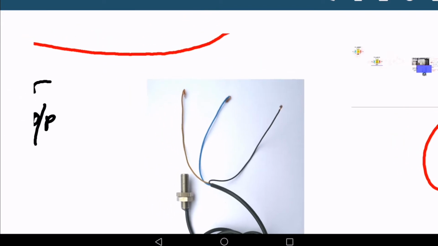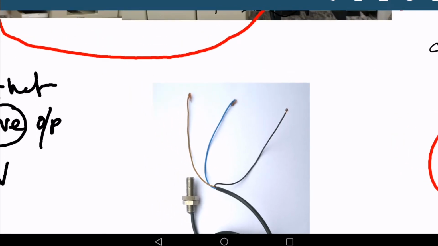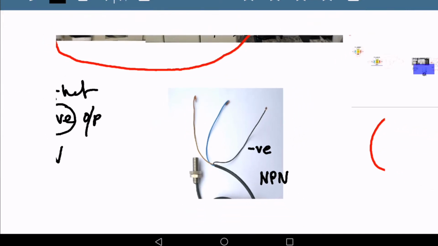It doesn't matter whether it is inductive or photoelectric, we just need to know that it is NPN. And the output from this sensor, remember, the black wire is the output. The output is negative.